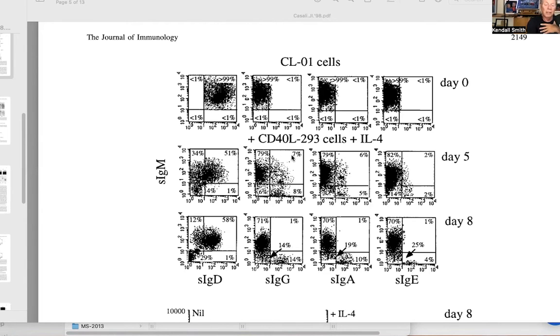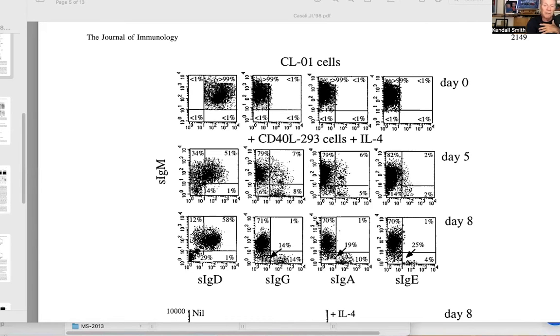So they lost some IgM and IgD, and they've gained IgG. Here we've got about a total of 15% positive with IgG. And they've also gained some IgA positive cells and some IgE positive cells.